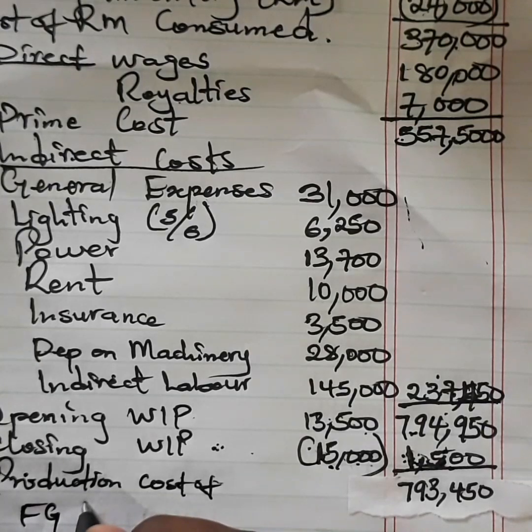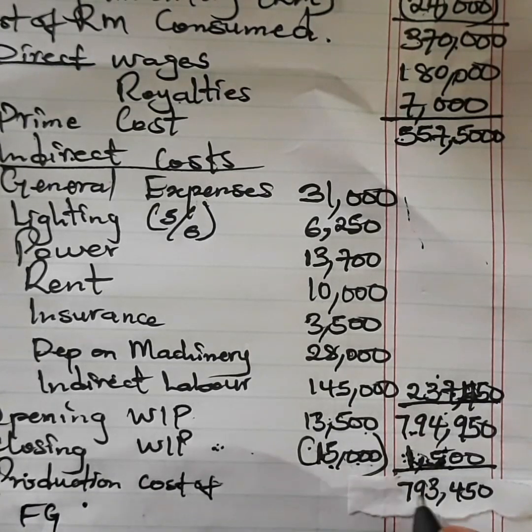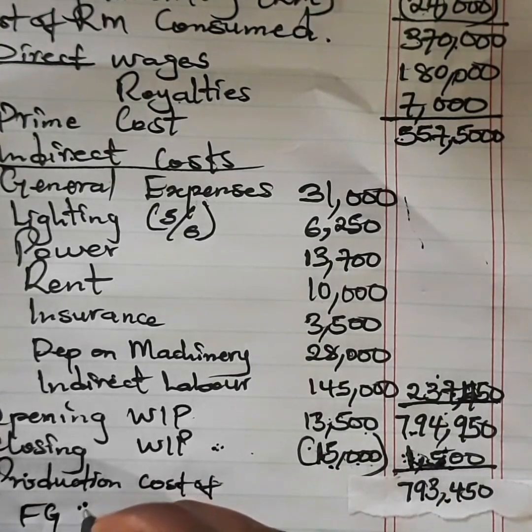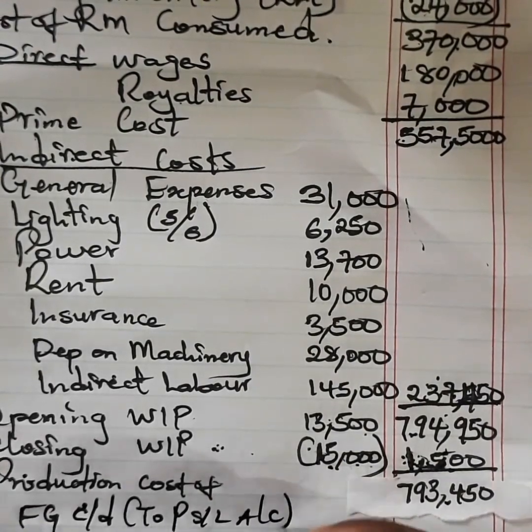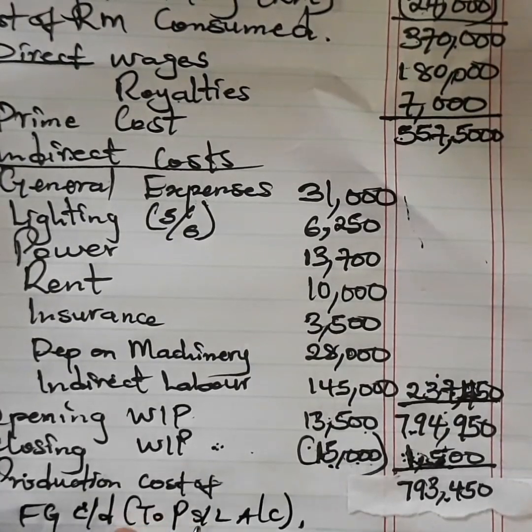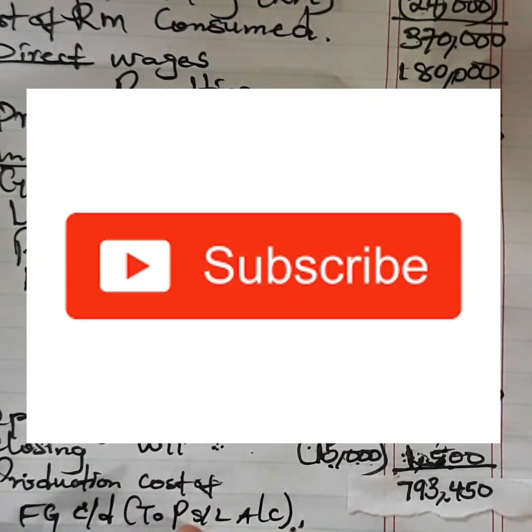This cost of finished goods of an amount of 793,450 will be transferred, it is carried down to the profit and loss account. Now this one will make part of the income statement. We are going to see that later.